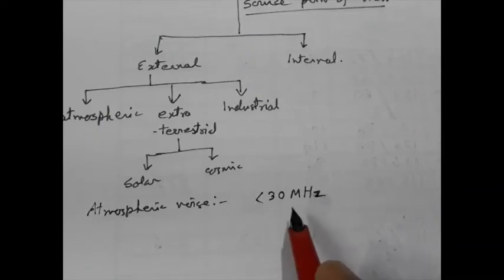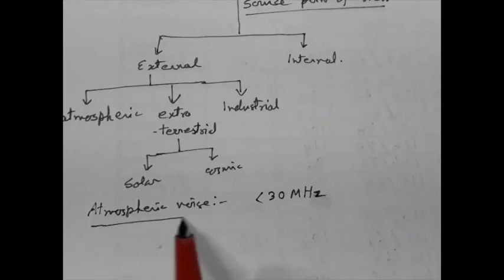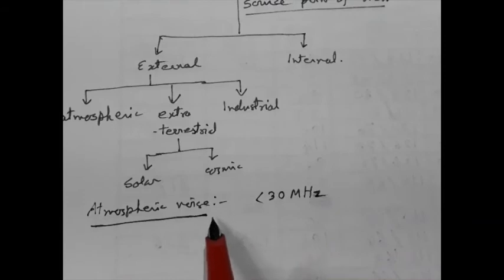Since the frequencies above 30 megahertz are limited to line of sight propagation, the effect of the noise component is very little in VHF regions. So this atmospheric noise plays an important role below 30 megahertz, and above 30 megahertz we can neglect this particular type of noise.